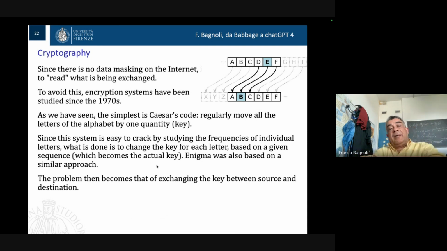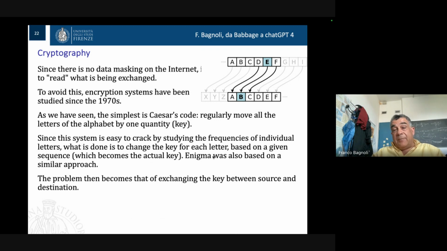But a real cryptography system changes the code, so the shift between the alphabets changes for each character encoded. So the real key now is how these shifts change along the message.